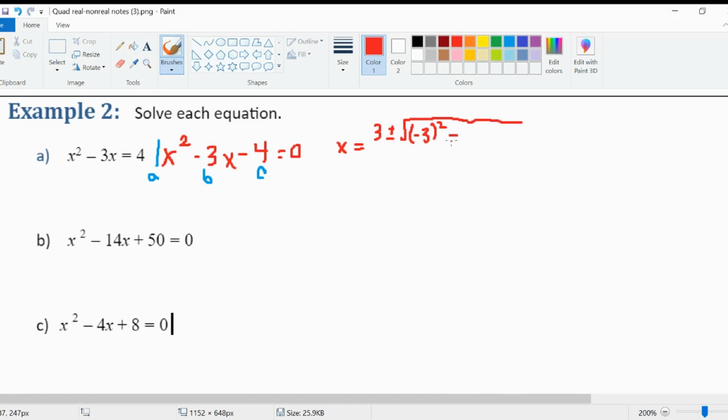Extend that out a little bit. Minus 4 times 1 times -4. There's my a value, and then there's my c value. All over 2 times 1.